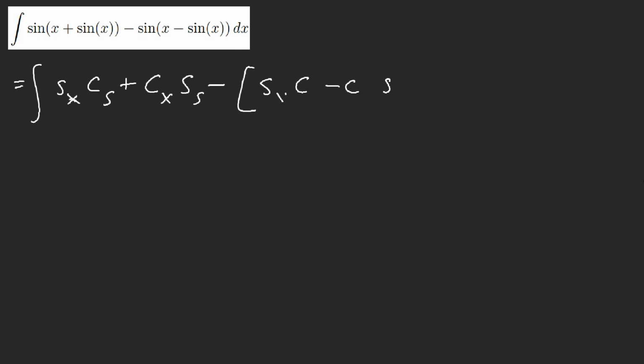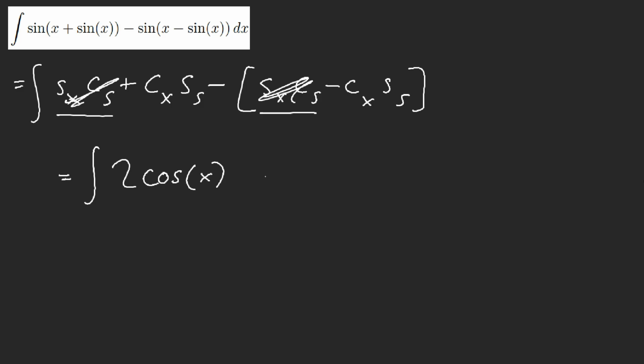Then we have XS, XS. Okay. And then here, would you look at that? These two are the same, right? So they cancel each other out. And these two are the same, but notice that the negative cancels each other out, so we get 2 of cosine of x of sine of x.